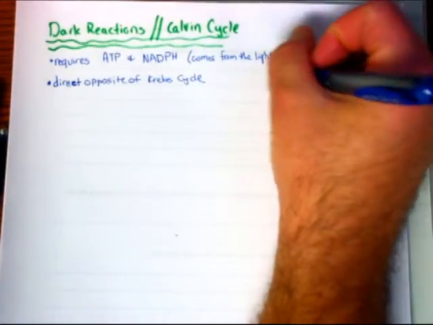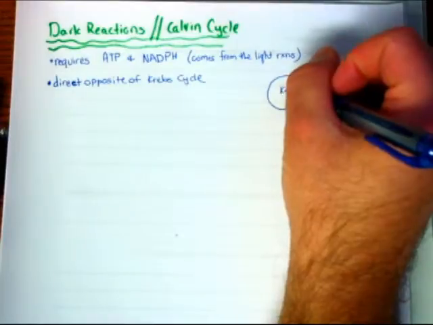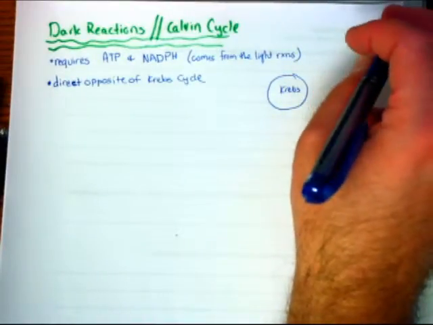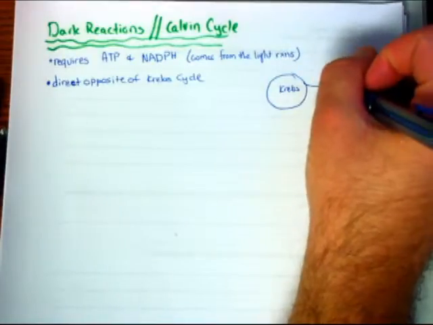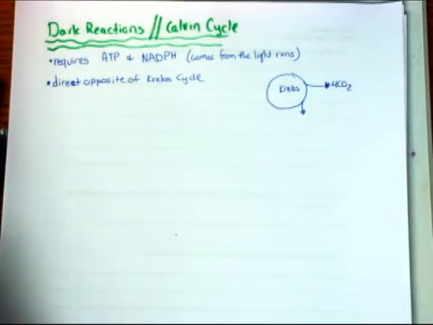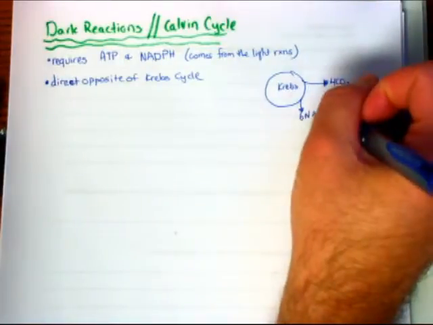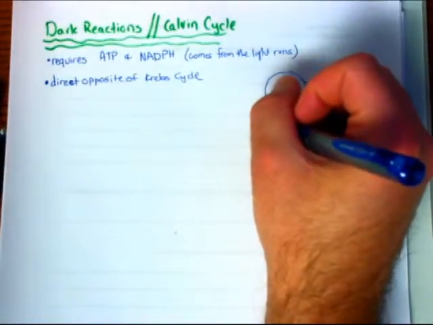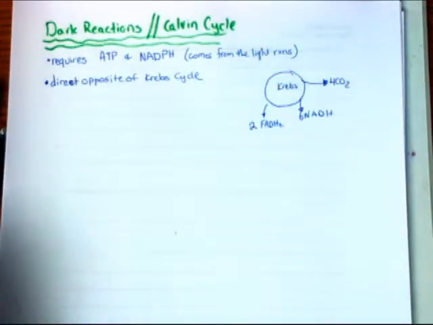Remember, in the Krebs cycle, what's happening? What are you producing 4 of? 4 CO2. Very good. How many NADHs are you producing? Very good. 6. How many FADH2s? Very good. Is that it?